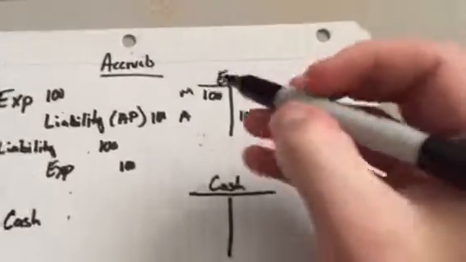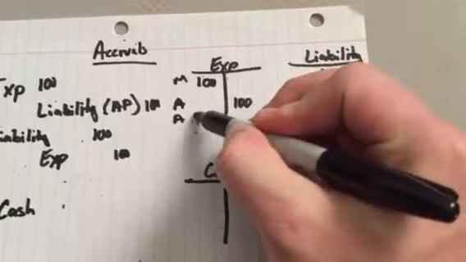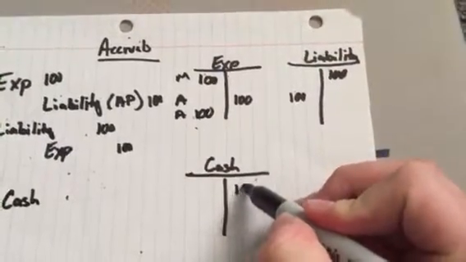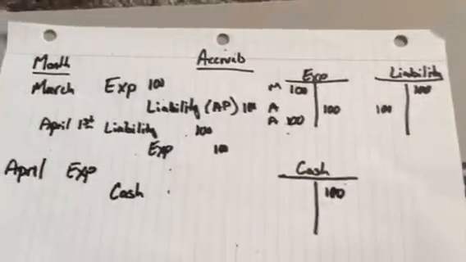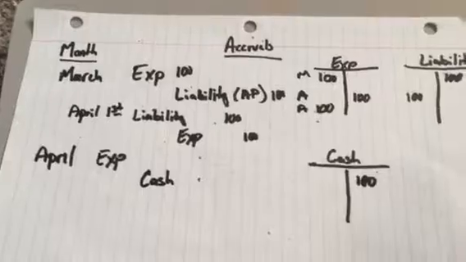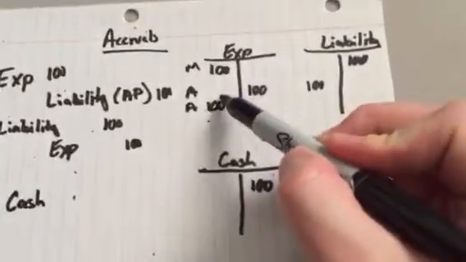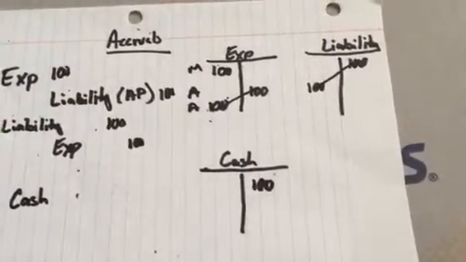So when we go over to our T account, still in April, we're going to debit our expense and credit cash for $100. So from this, you can see that these two guys cancel each other out and these two guys cancel each other out.